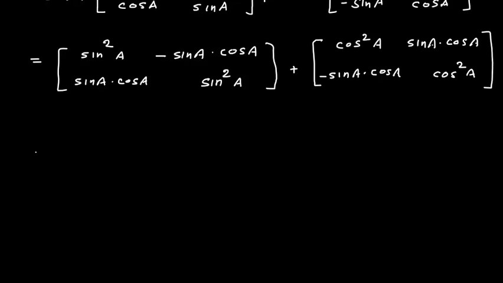So now we add. This is sin square a and this is plus cos square a. The second term here we have minus sin a into cos a plus sin a into cos a.